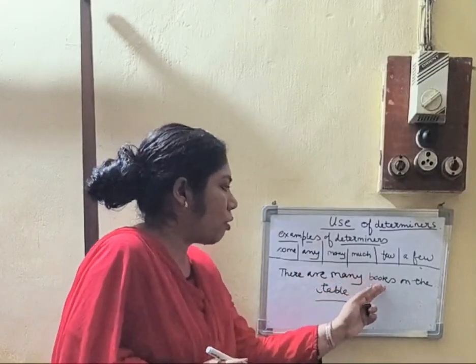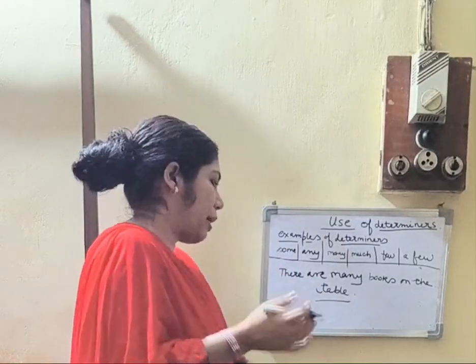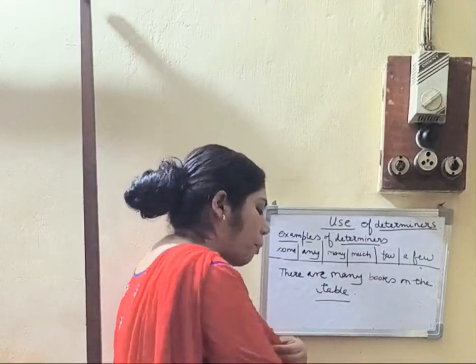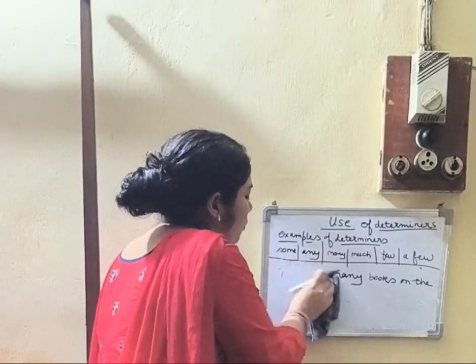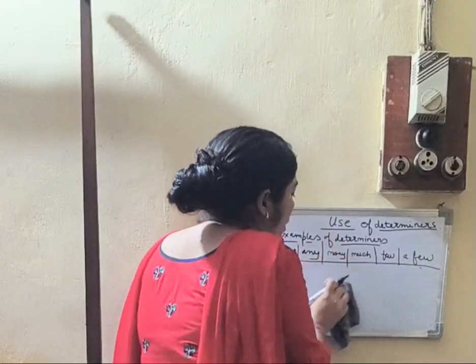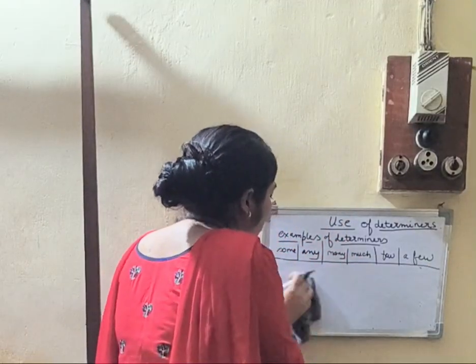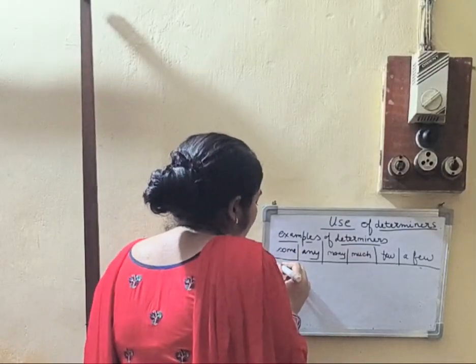There are many books on the table. मतलब टेबल के ऊपर बहुत सारे बुक्स हैं. तो उस बुक्स को हम काउंट कर सकते हैं कितने बुक्स हैं. ओके, सो कितने हैं अभी हमें कंफर्मेशन नहीं. हाउ मेनी बुक्स.